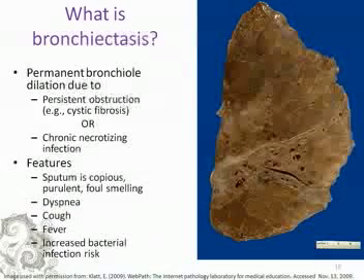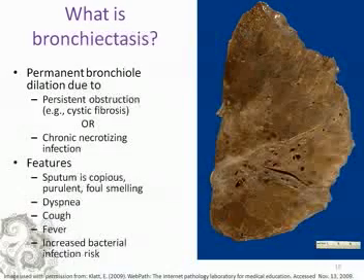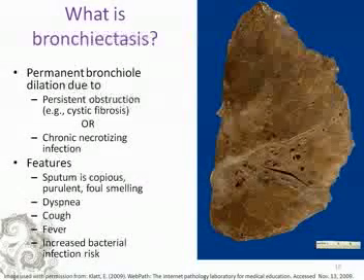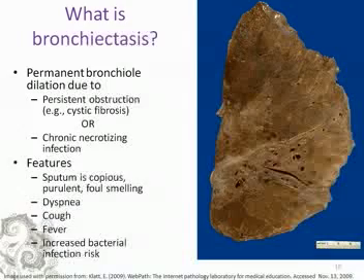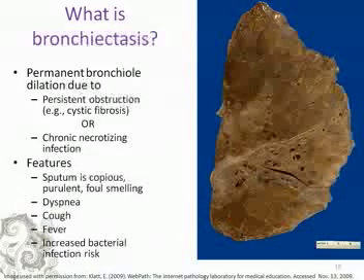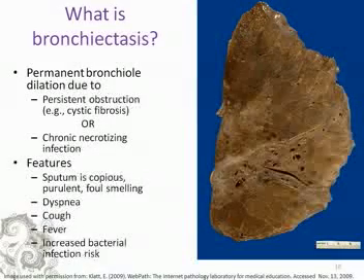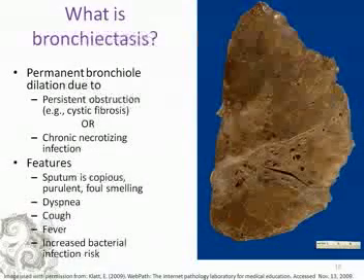So the features: sputum is foul smelling, it's copious, meaning it happens all the time, shortness of breath or dyspnea in these patients, there's a cough, they tend to run a fever because they have an infection and the body's responding to that. There's an increase in the risk of bacterial infection with these patients of bronchiectasis.